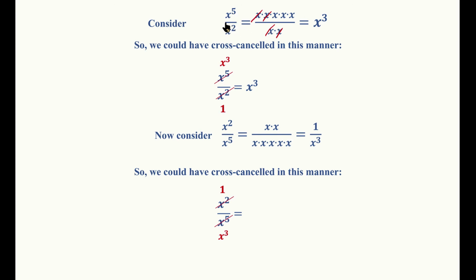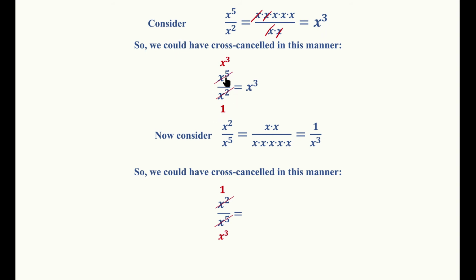Notice that this means 5 factors of x on the top and 2 factors on the bottom. Now notice that we can cancel 2 of those x factors, and that leaves us 3 factors of x on the top, so the result will be x cubed. So we could have cross-canceled in this way.